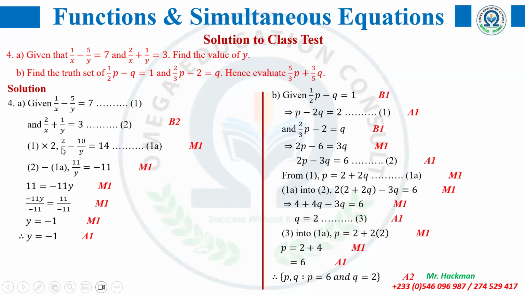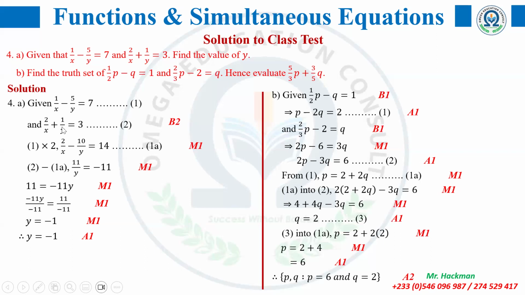Remember, I've told you that's my comfort zone, and usually the elimination method saves time. Now what do I do? If I want to eliminate x, then my numerators must be the same, so that when I subtract, I can eliminate the x. So how do I make my numerator here 2? Because here is 2, the one here must also be 2.